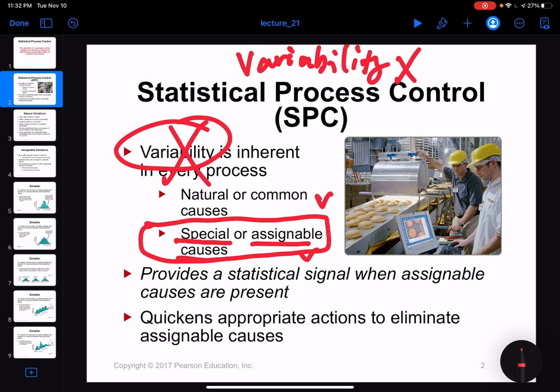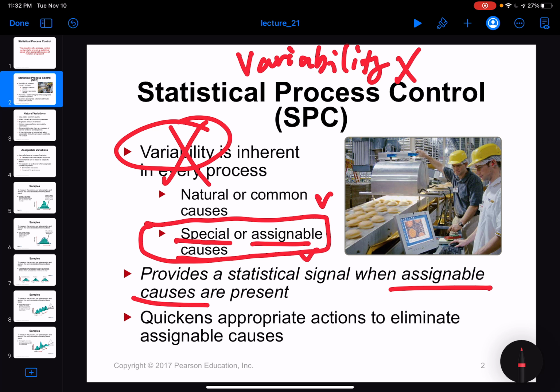We may have natural causes, but again, we're going to pay attention to assignable causes. So what is an assignable cause? An assignable cause means there's something wrong, it will lead to some unfavorable outcomes, and it's also fixable and avoidable.